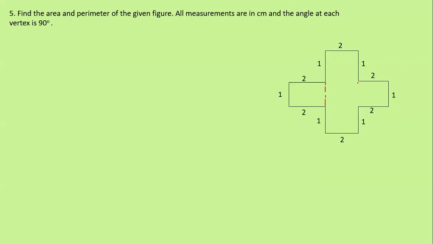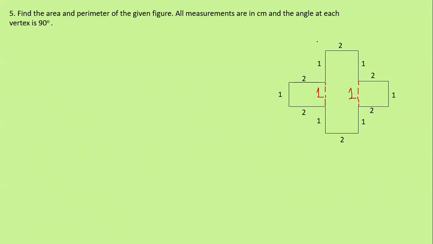So I have already joined it with the help of a dotted line. ठीक है? तो इसका मतलब this one is 1, so this one should need to be 1. Again, if this one is 1, this one should also need to be 1. Right. So now I'm clear, right? So I have to find the area and perimeter of this entire figure.